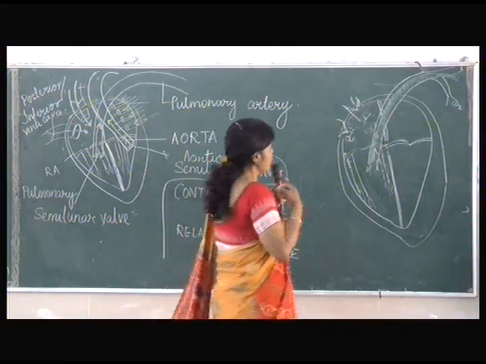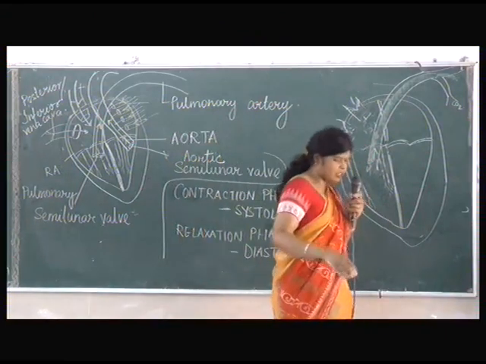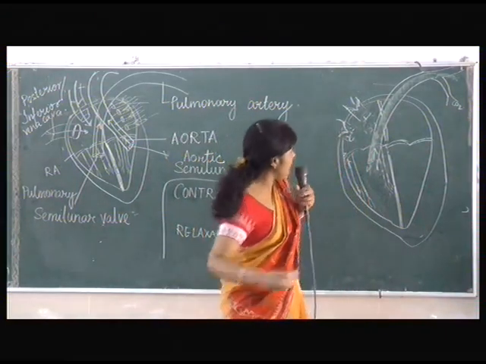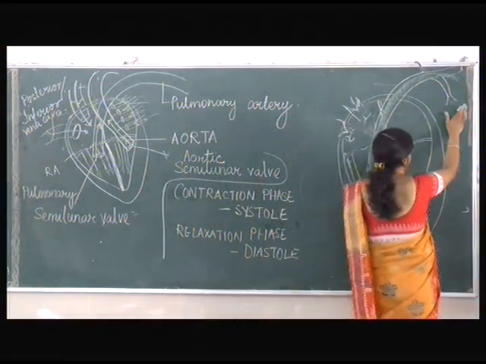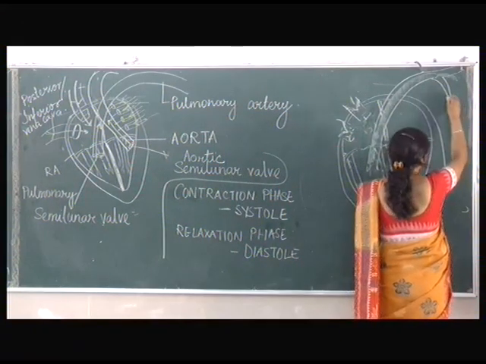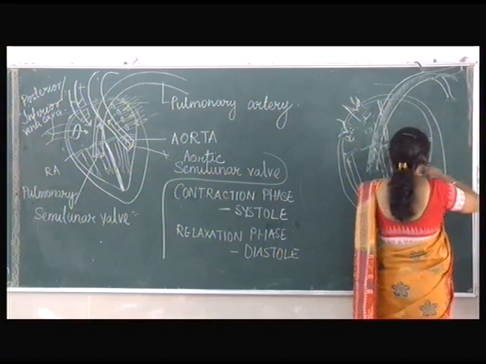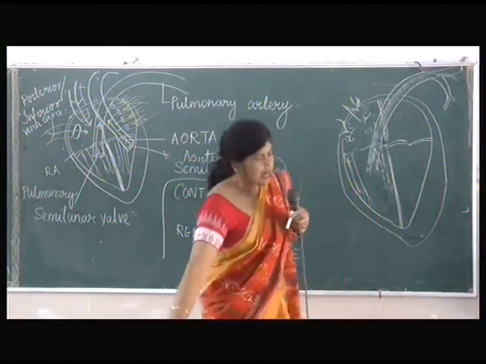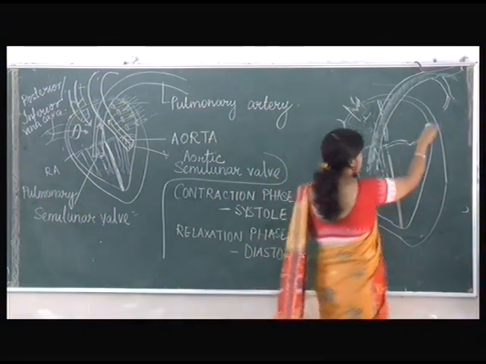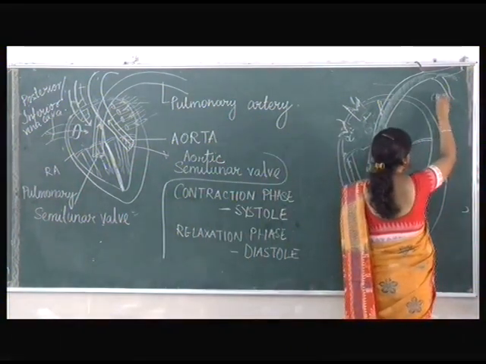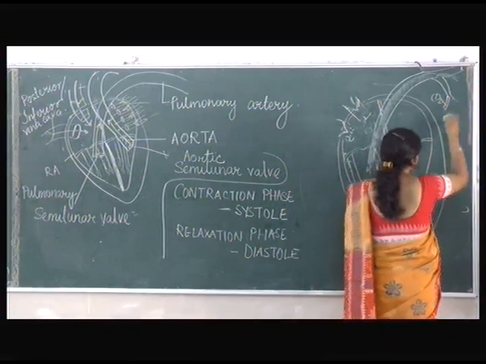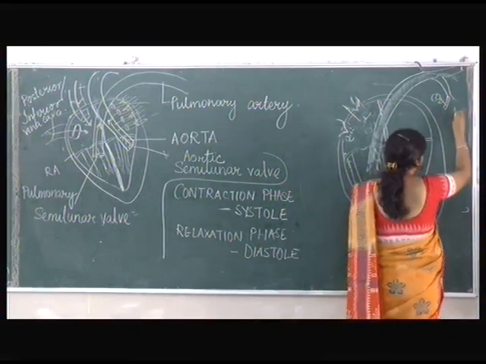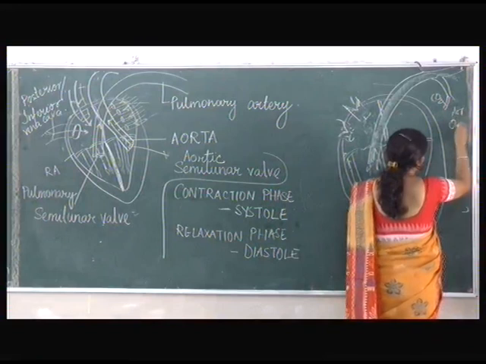Is it all right? So here what happens? Inside the lungs, carbon dioxide and oxygen is exchanged. The blood which was carrying carbon dioxide, because it was deoxygenated blood. Is it clear? And the air which is present in the lungs is full of oxygen.